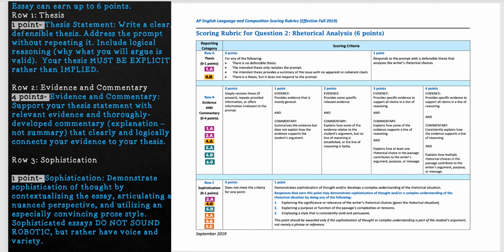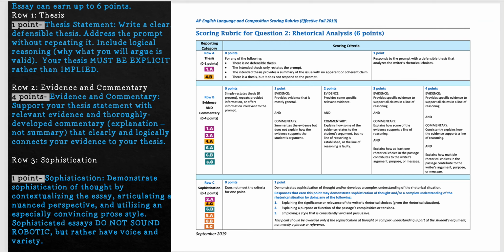So in this case, your thesis statement has to be defensible. It has to address the prompt, whatever the rhetorical analysis prompt is asking you to address. For example, the YouTube videos that AP put out focused on Abigail Adams' letter to her son, John Quincy Adams, and it asked to write about her message in regards to the value of experience in the letter to her son.